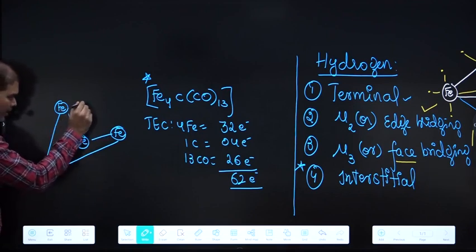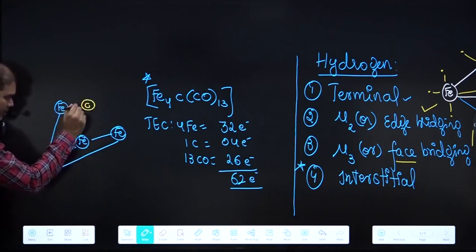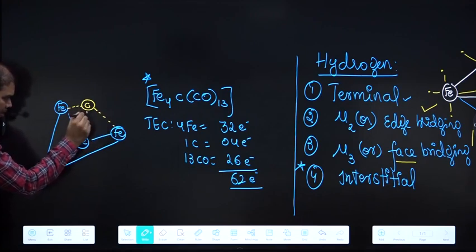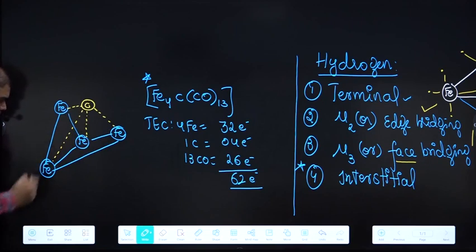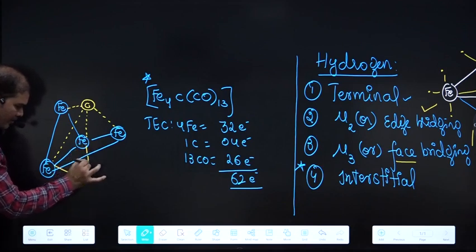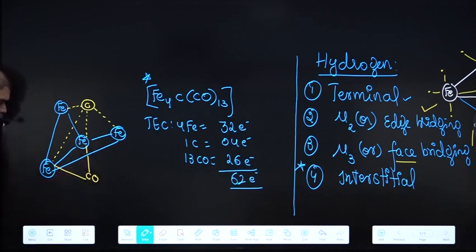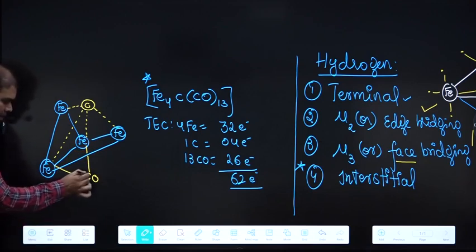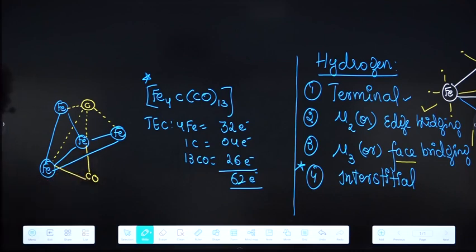And whatever carbon that is present, that carbon is considered to be interstitial. This is hinge joint. Many times I have told you hinge joint. And for that hinge joint there is one bridging carbonyl. Okay. So out of 13 carbonyls, one is a bridging carbonyl, remaining are terminal.